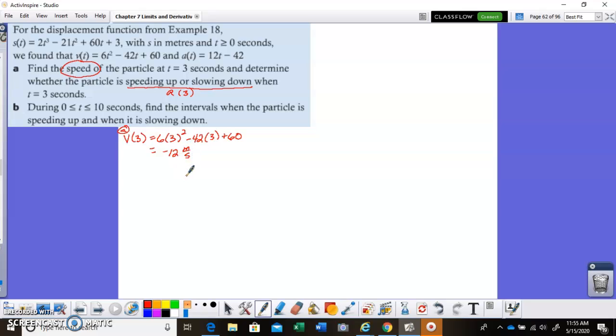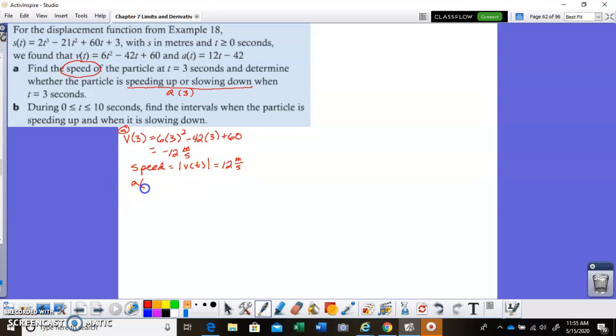Which then tells us that the speed, which is the absolute value of velocity, and again, I'm writing that so that I can show that relationship, is equal to 12 meters per second.